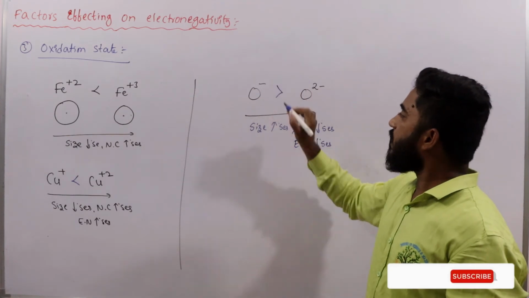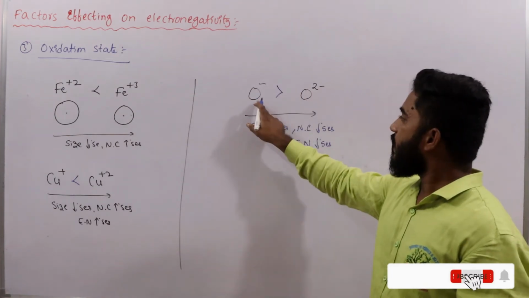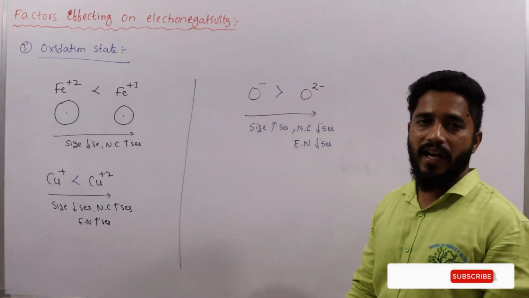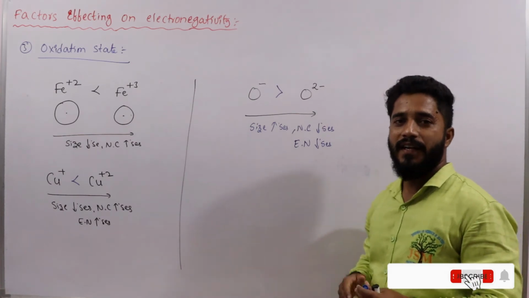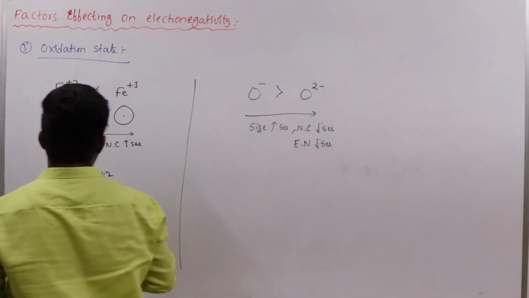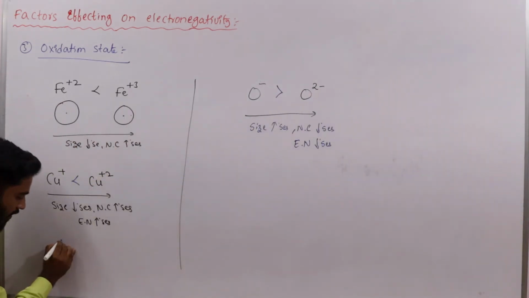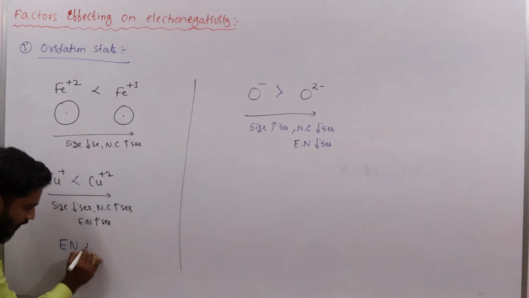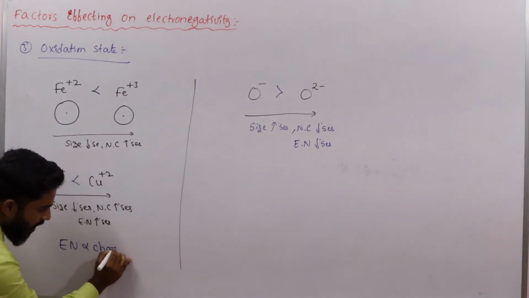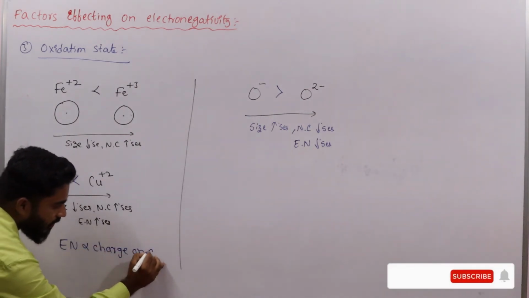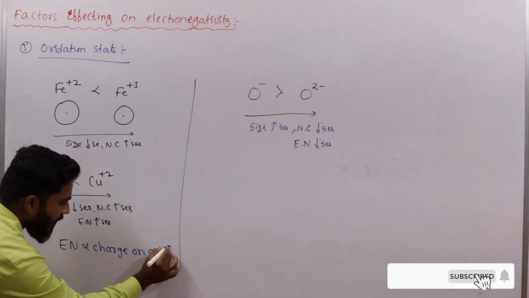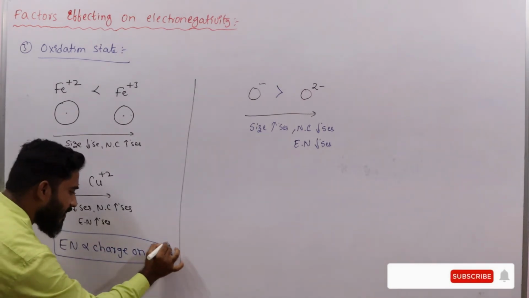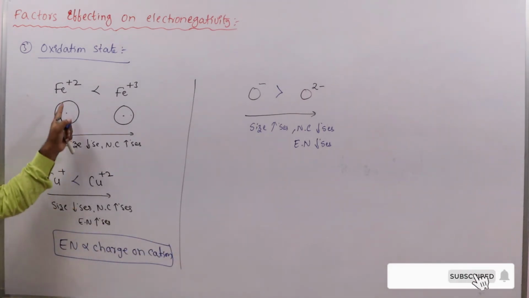So between these two, which one will show more electronegativity? The anion with the smaller negative charge, less negative charge. That's why we can write here: in the cations, electronegativity is directly proportional to the charge on the cation. As the charge on the cation increases, electronegativity also increases.